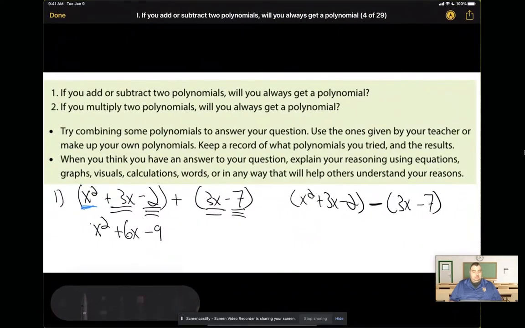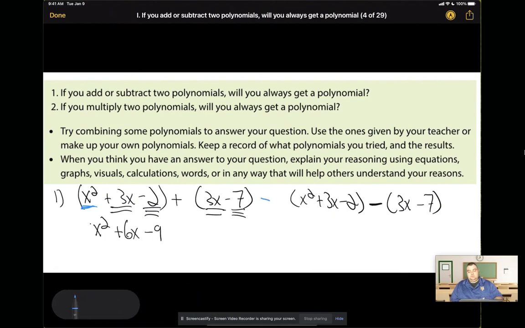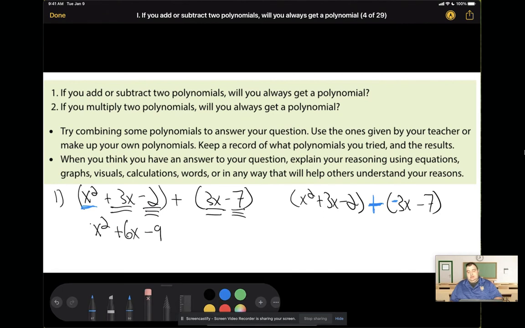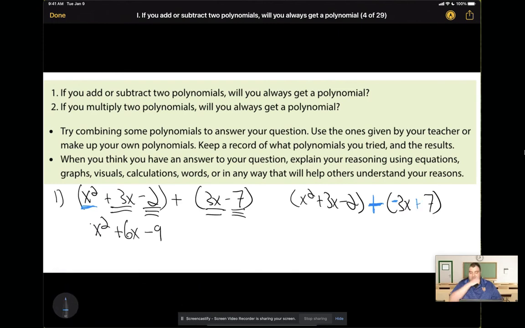So keep, change, change means keep the first one the same, change subtraction to addition, and change all signs in the second one. So 3x changes to negative 3x, and minus 7 changes to plus 7.